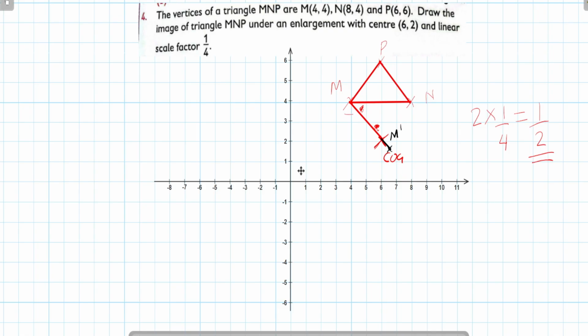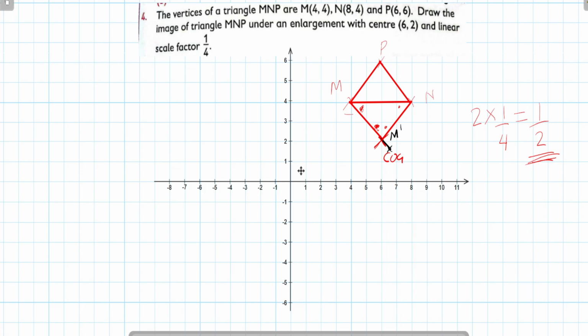Now that is done. Now let's go to another one. So from N to the center of enlargement, let's see ni ngapi. So hizi ni boxi ngapi? Ni 1 and 2. So 2 boxes times a quarter, same thing, itakuwa ni a half.